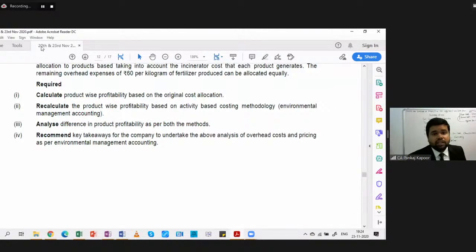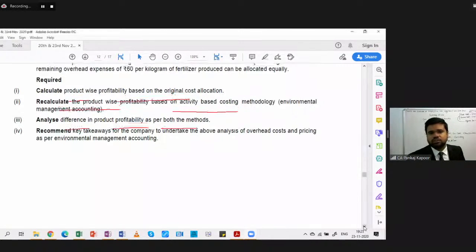Read the first requirement. Calculate the product-wise profitability based upon the original cost allocation, meaning the traditional method. Recalculate product-wise profitability using ABC costing. Then analyze the difference in the product profitability as per both methods. Now move along with me to the examination question.